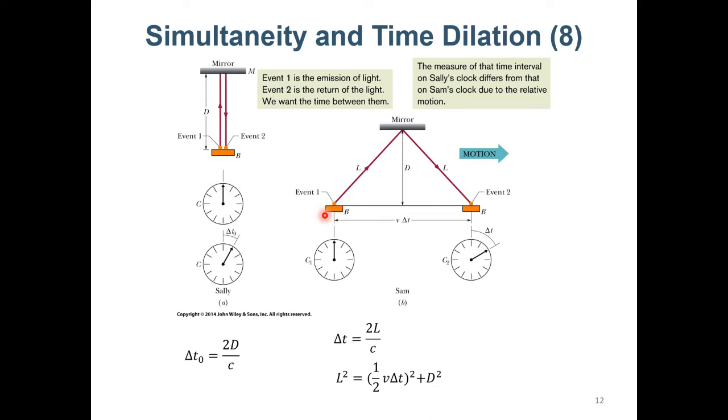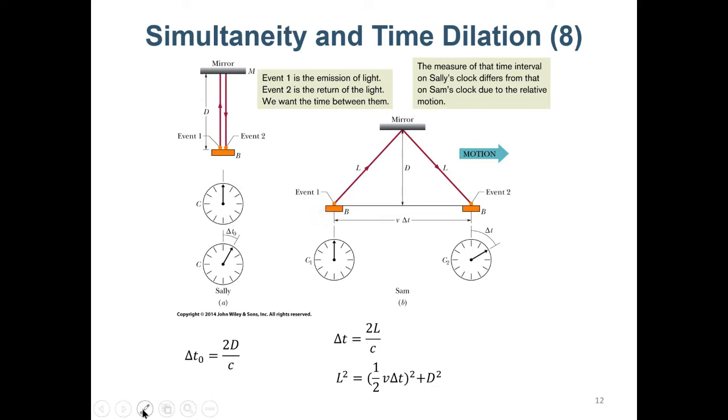So you can easily imagine: this one is L over delta t, this one is L over delta t, this one is v times delta t. However, for this one, the d is actually seen by the moving object.